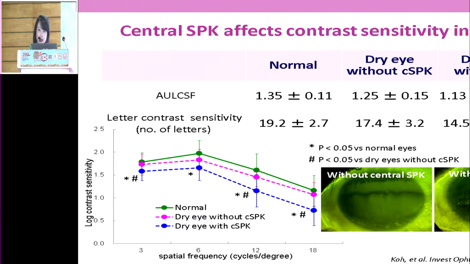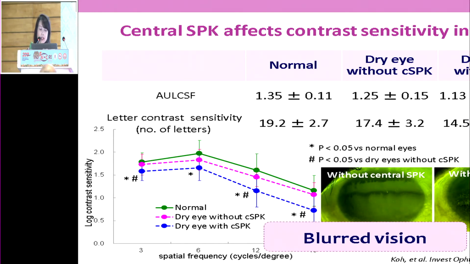What we found was that dry eye with SPK in the central corneal region has significantly decreased contrast sensitivity compared with normal eyes and dry eye without SPK in the central cornea. It explains the blurred vision in dry eye patients, and we could say that central SPK affects contrast sensitivity in dry eye.